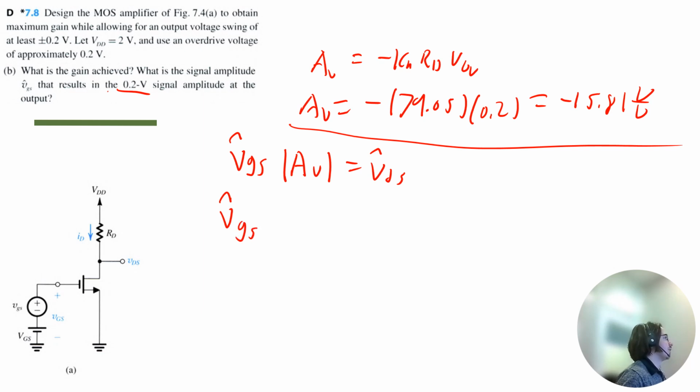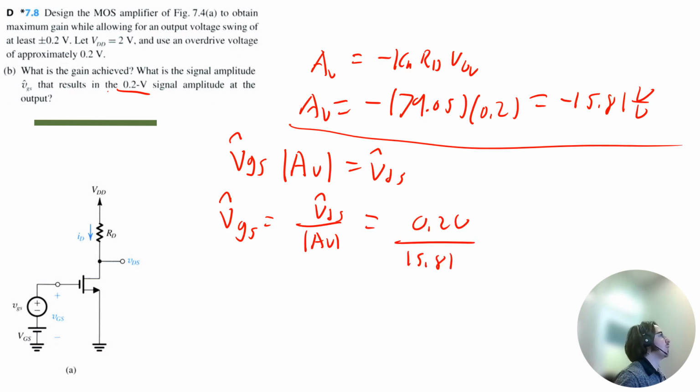So we can just say VGS is equal to VDS divided by AV. So that's 0.2 volts divided by 15.81 volt per volt. And that is equal to 12.7 millivolts. All right, let's keep going with part C.